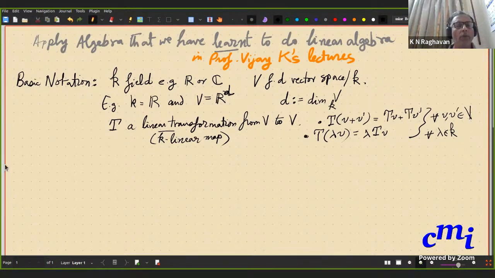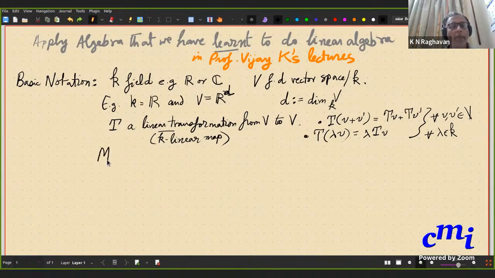Okay, so T, as you know very well, you can represent by a matrix. Let me introduce some notation.